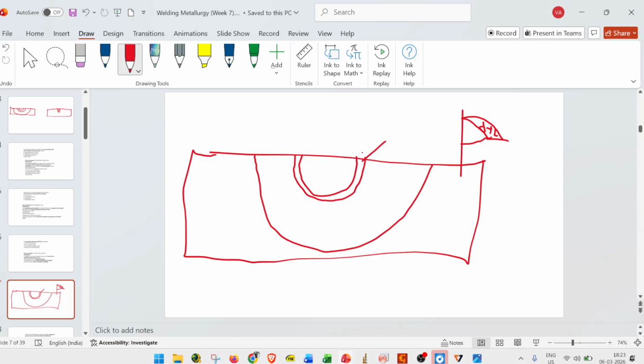This is the partially melt zone. Some portion will be in the solid phase, some portion in the liquid state. That solid phase acts as a nucleation point for the columnar grains to form.